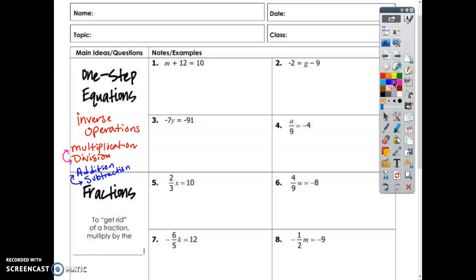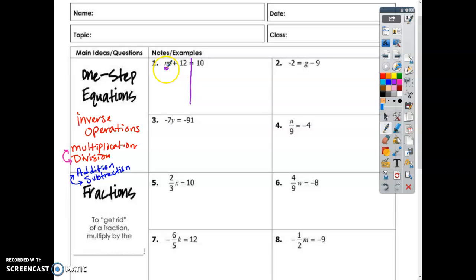Remember that when you are solving equations, you want to leave the variable by itself. So for problem number 1, I want the m to stay by itself. What I like to do with all of these is draw a line down the equal sign, because you are trying to get the m by itself.